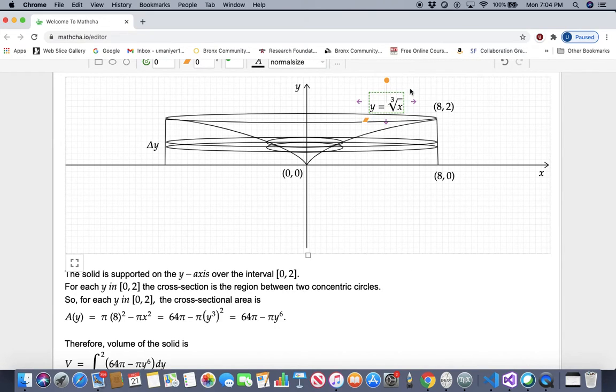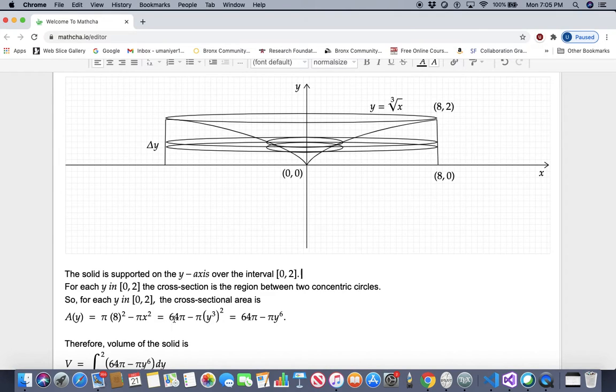In other words, x is y to the third. So the inner circle has radius x, and the outer circle has radius 8. So the area of the region between the two circles is pi 8 squared minus pi x squared.